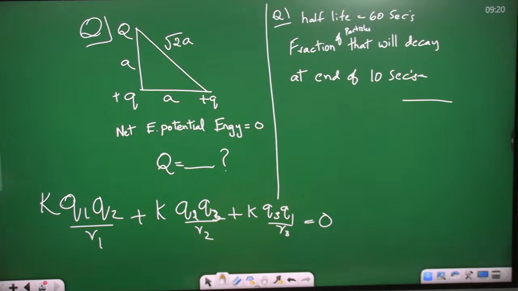So solve according to this. So net potential energy is equal to k q1 q2 by r plus k q2 q3 by r2 plus k q3 q1 by r3. Substitute the given notations in it and find capital Q.